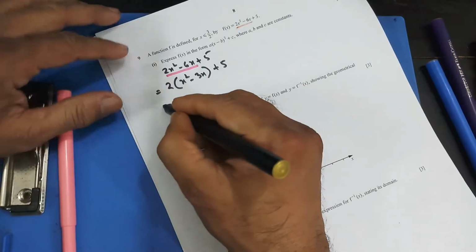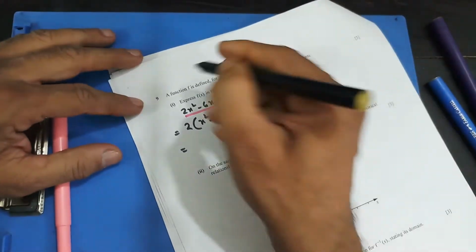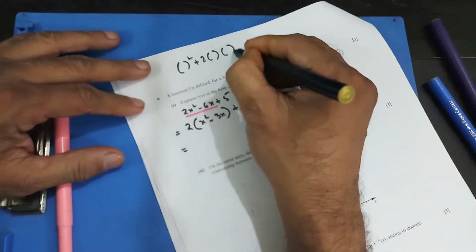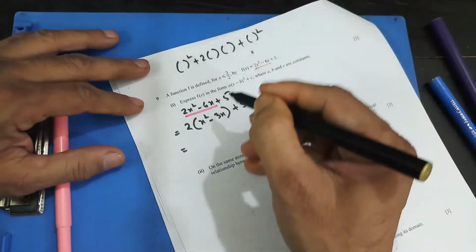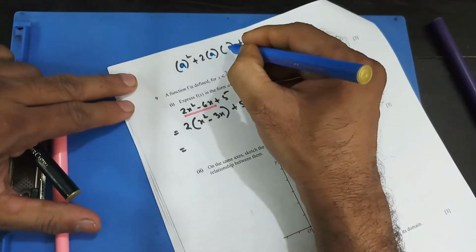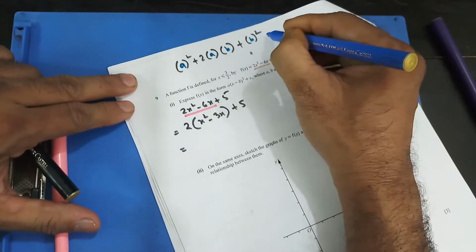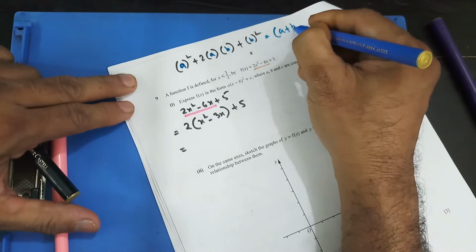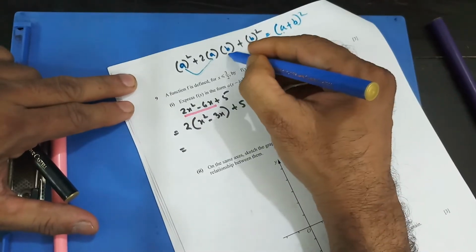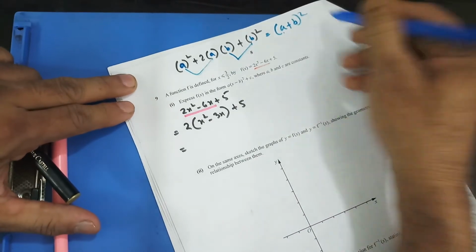So I can write down, look at this, a squared plus 2ab plus b squared. If we write a here and b here, the formula generates (a plus b) whole squared. This 2 comes for the front term, and this 2 comes in the end term.